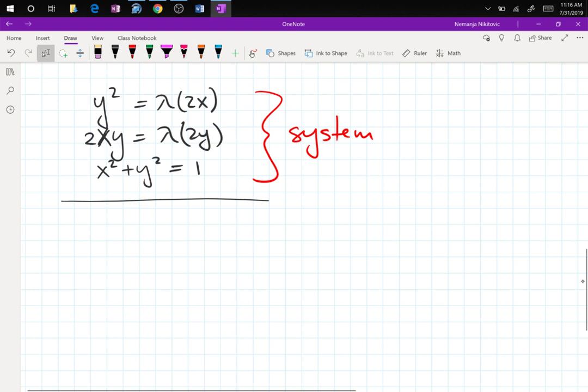Now, the other part, which is a pitfall here, is that values x and y could be 0. And if they are 0, you are not allowed to divide by them.